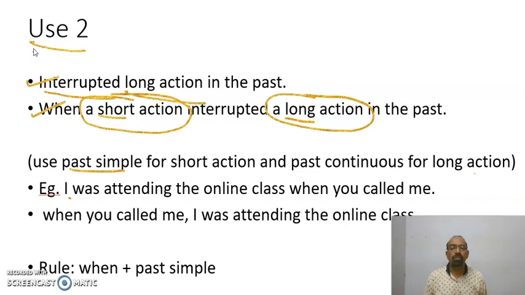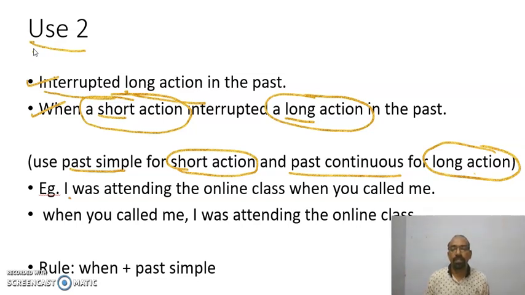Past simple is used for short action and past continuous is used for long action. That you have to remember. Example: I was attending the online class when you called me. Which is the long action here?